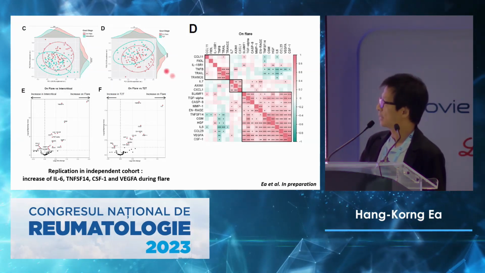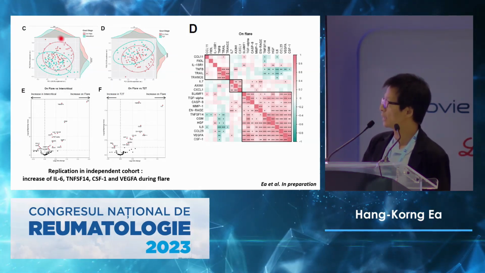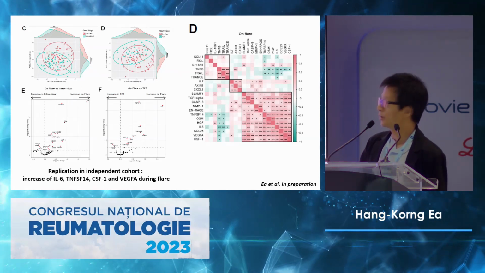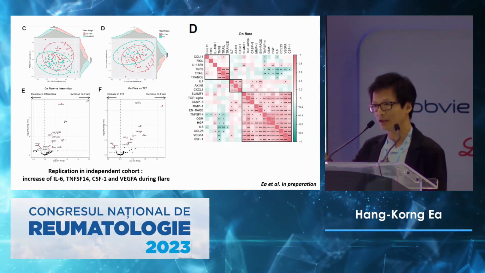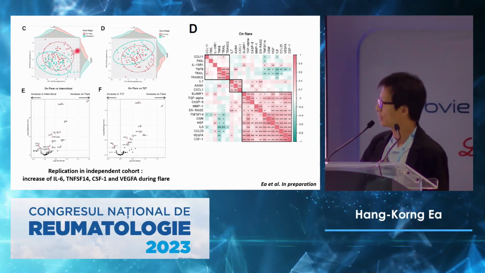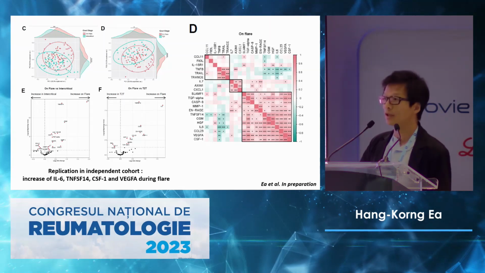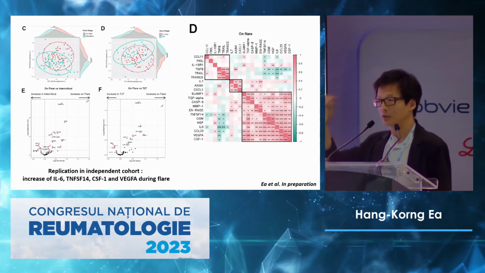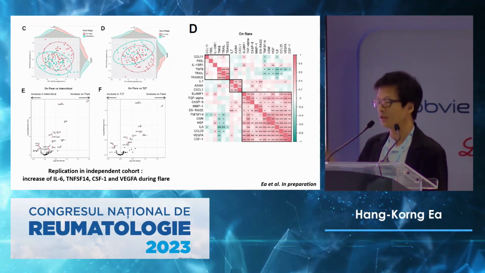In this principal component analysis, the pattern distributions of these markers between the flare and the intercritical periods show a lot of overlap, but there are also a lot of proteins that are only increased or decreased during the flare.